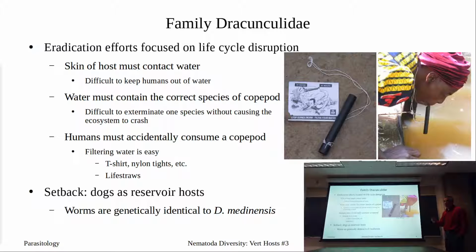But number two, those that have tried have failed. They failed, all right? So it's hard to go out and just eliminate a single species without causing this ecosystem crash. So that's not correct, but we do know that humans must accidentally consume a copepod, and the most likely situation when this occurs is when they go to that water source to drink.